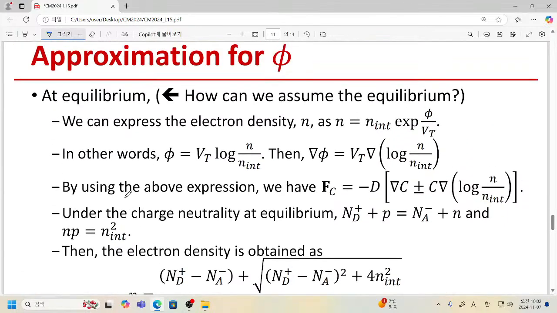However, the critical step for simplification is charge neutrality. Charge neutrality here means that at every point inside this system, net charge density becomes 0. Of course, this does not hold for a p-n junction.